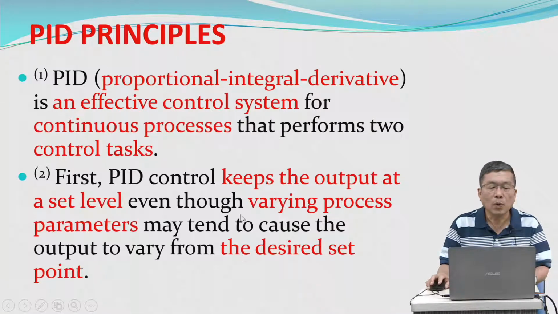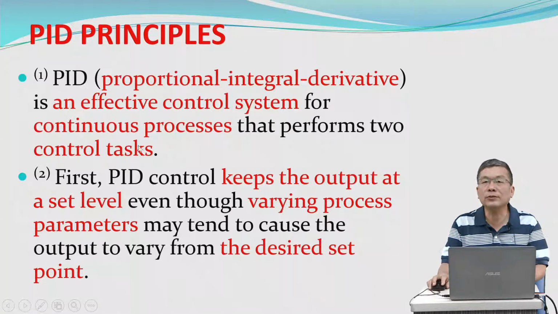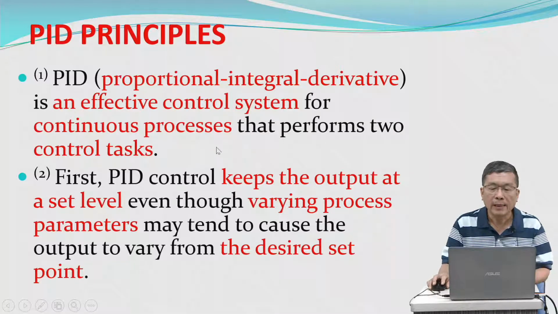PID, or proportional, integral, and derivative, is an effective control system for continuous process that performs two control tasks.